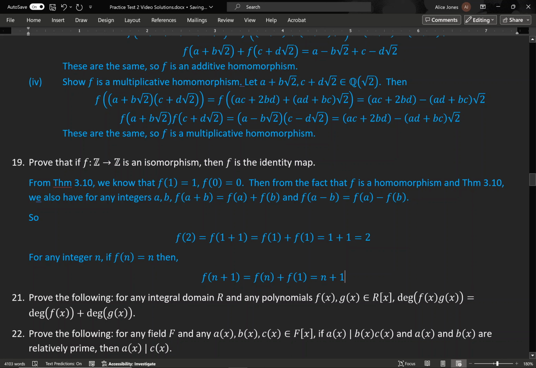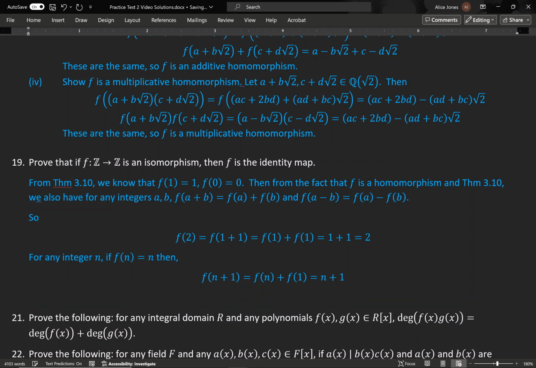So that takes care of all the positive integers, but for the negative ones, you can use this right here. So for the negative integers, you can just plug in 0 for a here. Okay, and then you get that f of 0 equals f of 0 minus f of b.